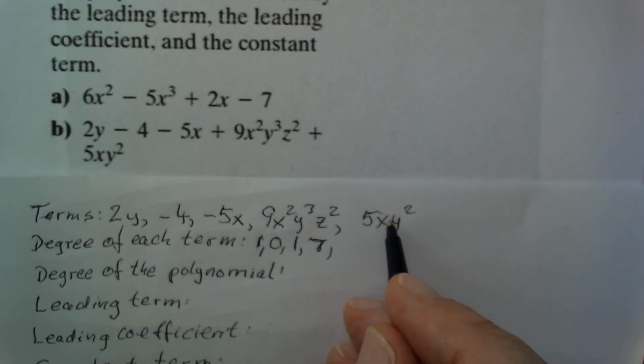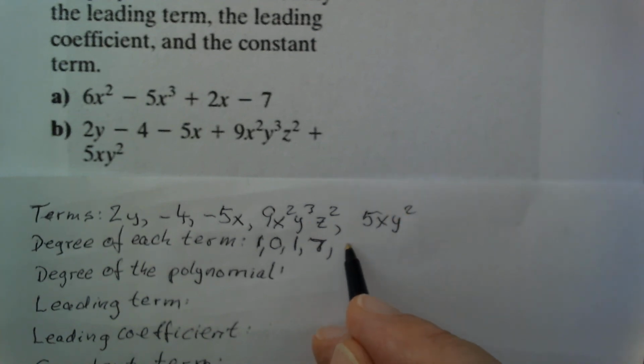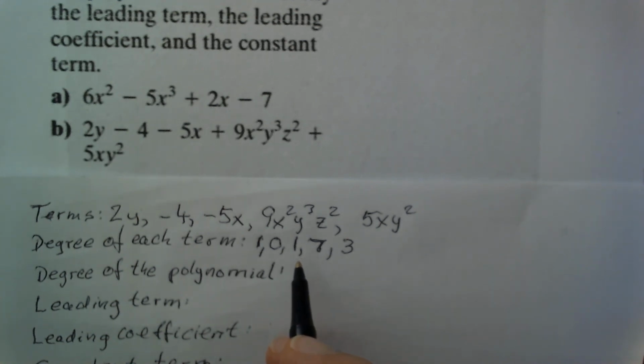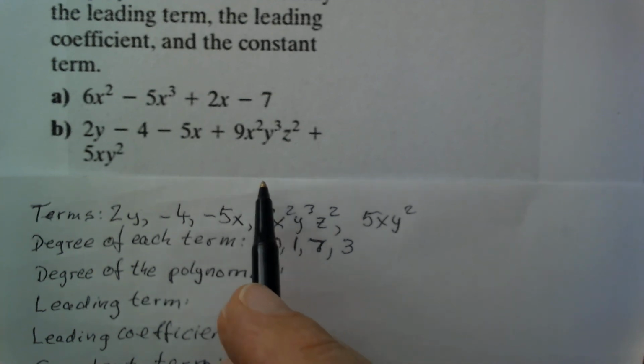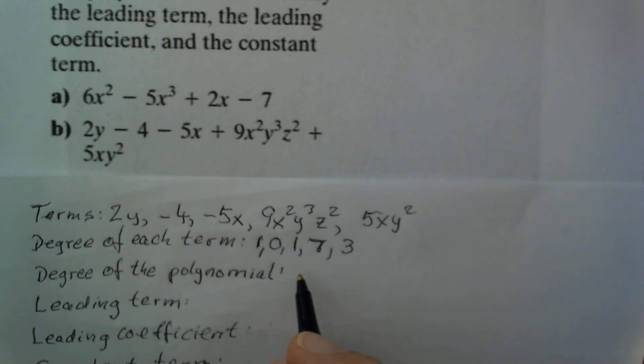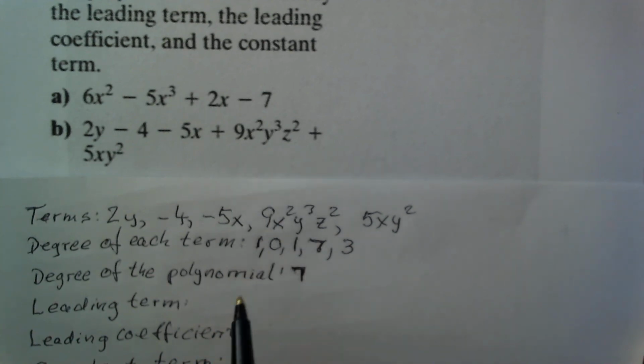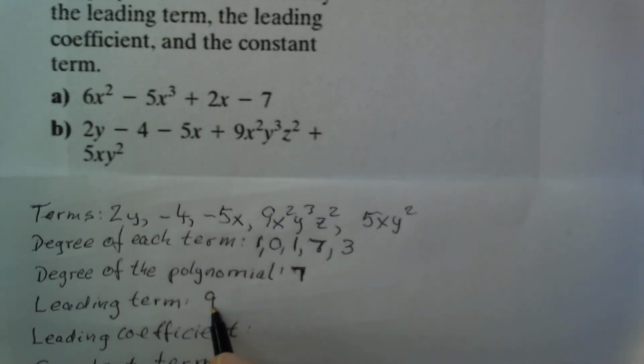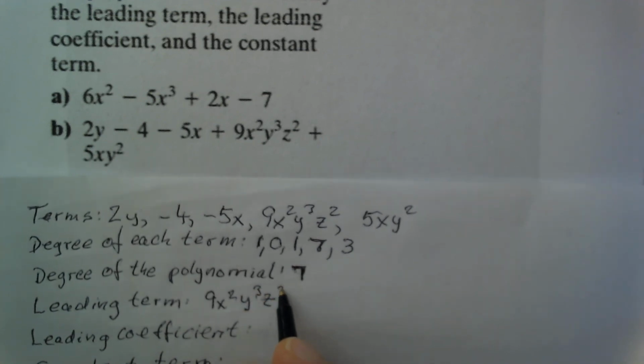Similarly, here we add the exponents. The implied exponent of 1 plus 2 is equal to 3. The degree of the polynomial is the highest degree of one of the monomials, and that would be 7. So that would be the highest degree, from this term. So the degree of the polynomial is 7, the greatest number here. And the leading term is the one with the highest degree, so it would be 9x squared y to the third z squared.